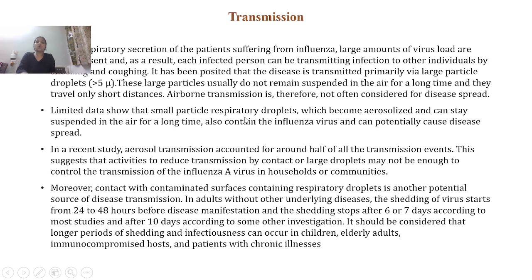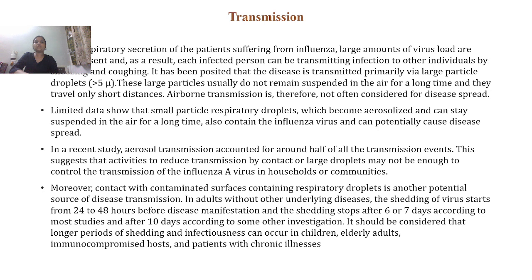So small particle respiratory droplets, which become aerosolized, can stay suspended in the air for a long time. They can also contain the influenza virus, but it is less compared to the larger particles, and they can potentially cause disease spread. In a recent study, aerosol transmission accounted for around half of all the transmission events. This suggests that activities to reduce transmission by contact and large droplets may not be enough to control the transmission of the influenza A virus in households or communities.